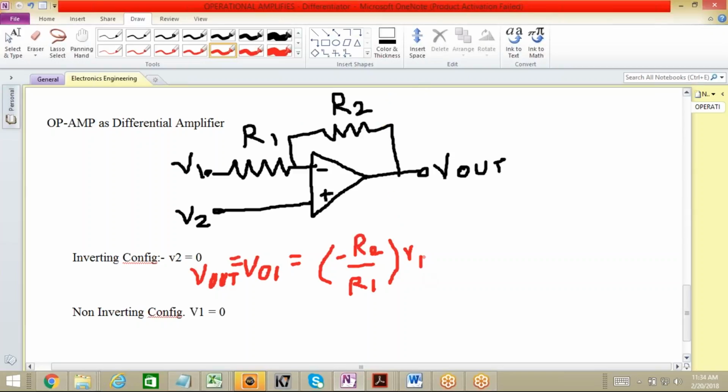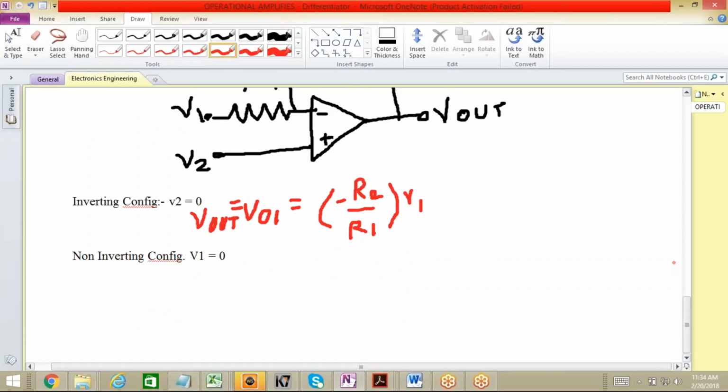In a similar manner, if we are using a non-inverting configuration, this V output becomes V02. We assume it to be V02 here, whatever is convenient to you.